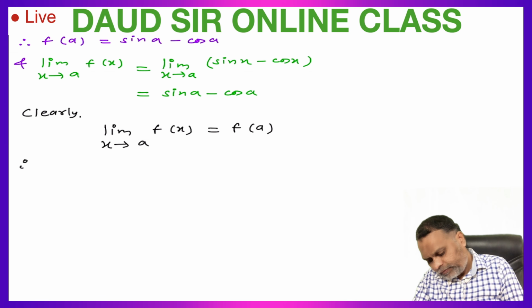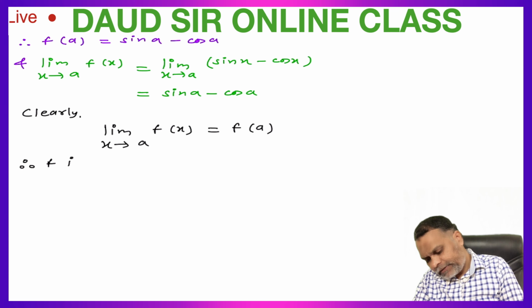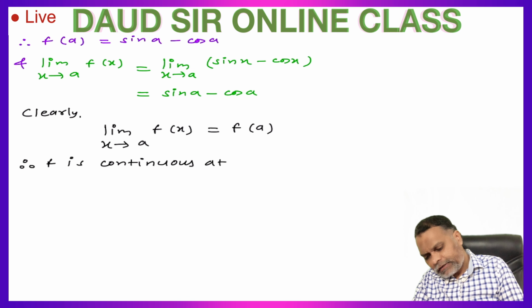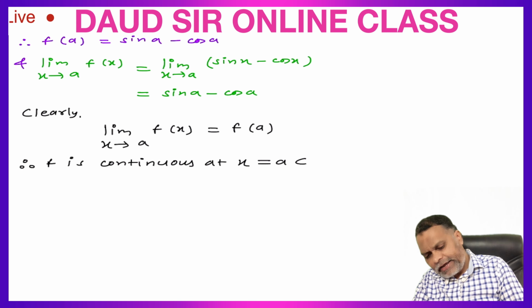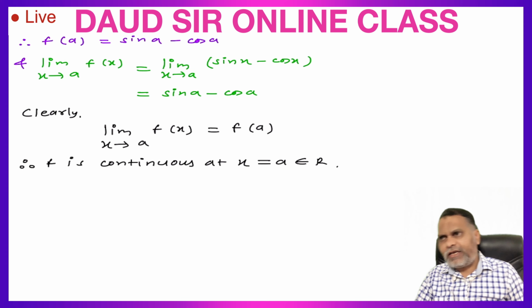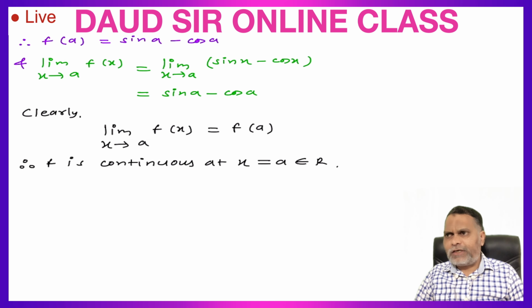Therefore, f is continuous at x is equal to a and a is any real number. For any real value, this function is continuous.